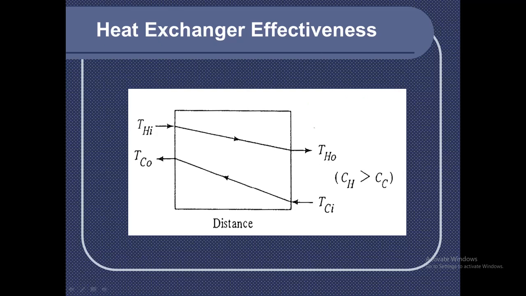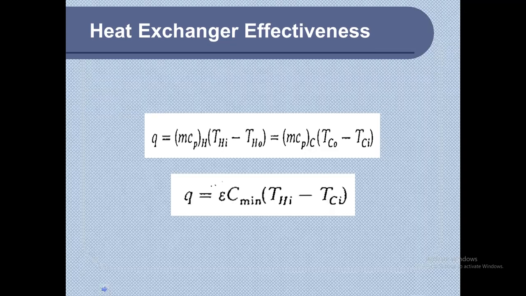Now for this effectiveness, this is the effectiveness that we substitute to the equation that we are so used to, the UA delta T mean. So if you're using the effectiveness equation, this will be our equation now. So you use the C min, or that's the MCP of the cold fluid, then you multiply it with the difference of the inlet temperature of the hot fluid and that of the cold fluid.